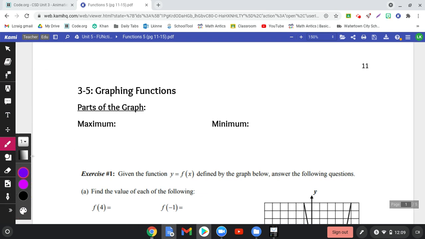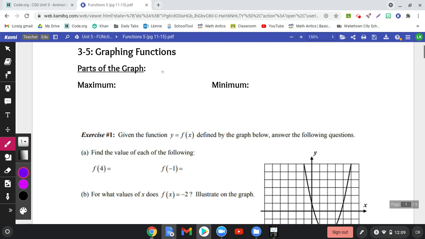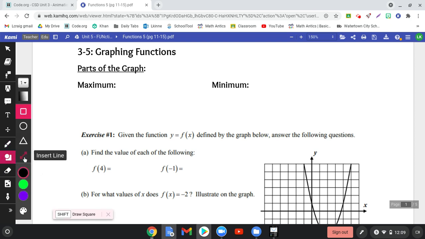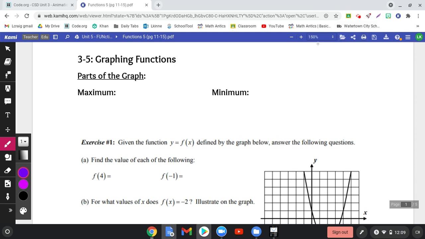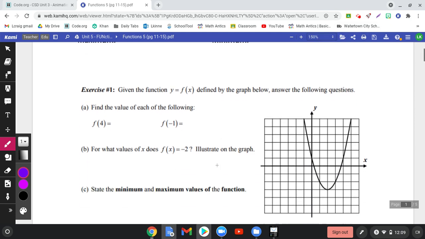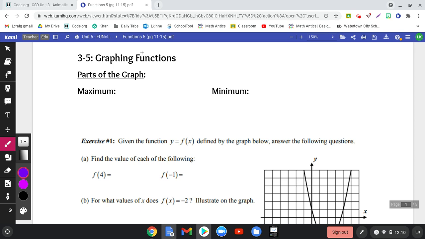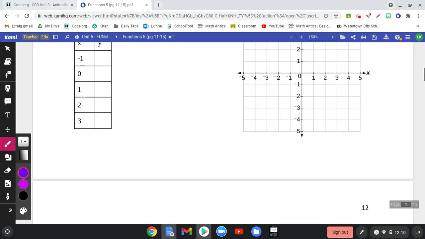I don't use Cami a lot, but you might. I'm just going to use the drawing tool for now, but again, it is helpful if you are writing right on the Chromebook to zoom in when you're filling things out.